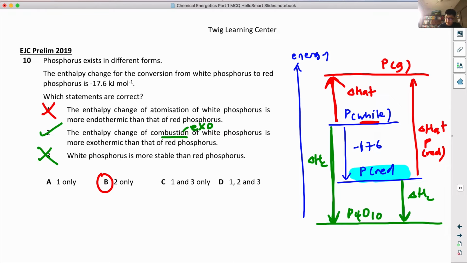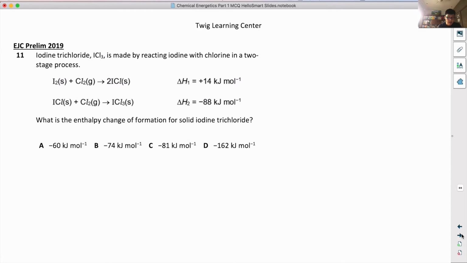Okay, let's run through the next part. Iodine trichloride, ICl3, is made by reacting iodine with chlorine in a two-stage process. So they show you the two stages. What's the enthalpy change of formation of solid iodine trichloride? So formation of solid iodine trichloride is I2 plus Cl2 gas to form ICl3 solid.